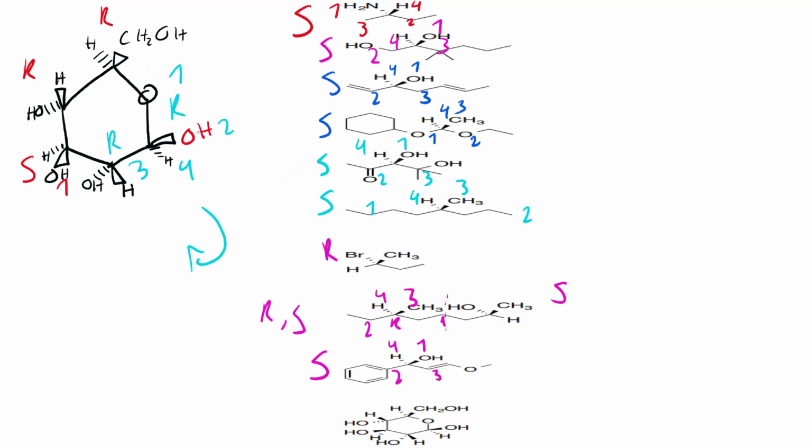Why? Because yes, this alcohol is attached to this carbon. However, this carbon right here that has this oxygen is directly attached to this carbon. If you can't see it, it's like this.